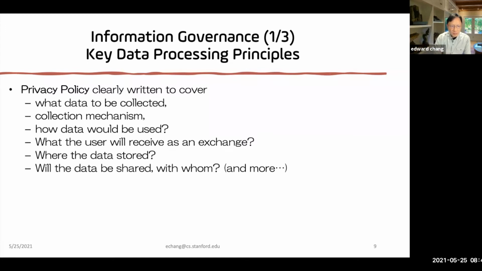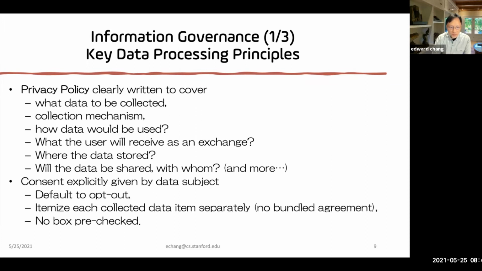The policy has to cover what data the site collects from the user, the collection method and mechanism, how data will be used, and what the user will receive in exchange, right? So, for example, you would give more accurate ads in exchange. Whether you like it or not, you can make a decision, and where the data is being stored, and will the data be shared and shared with whom.